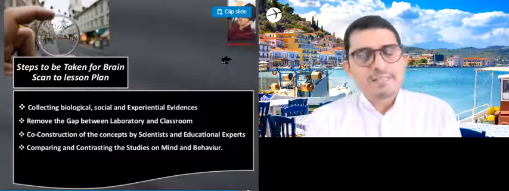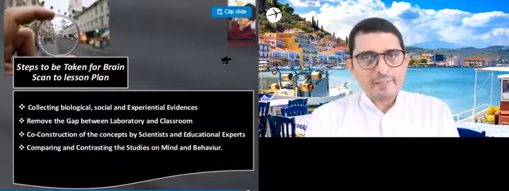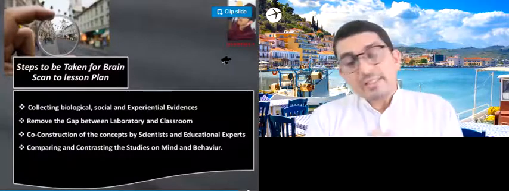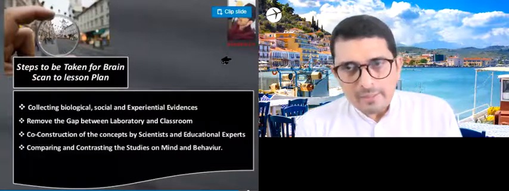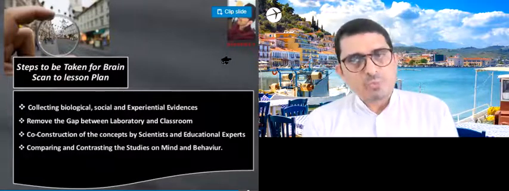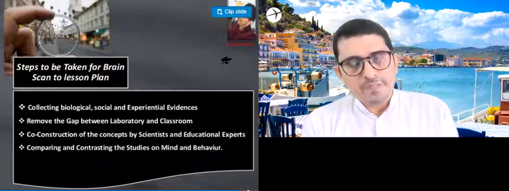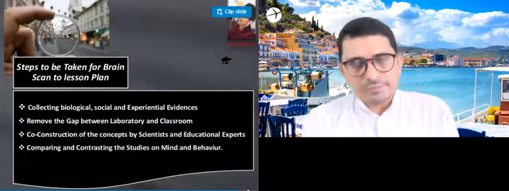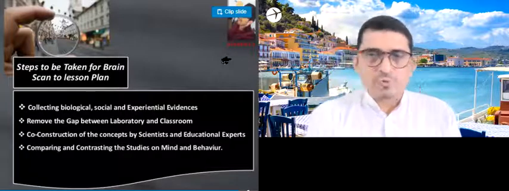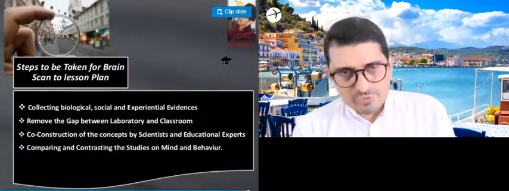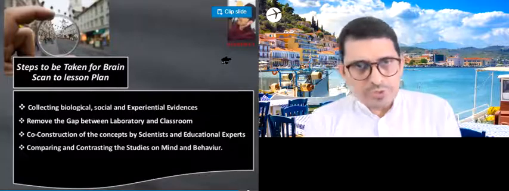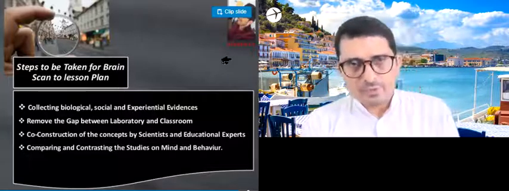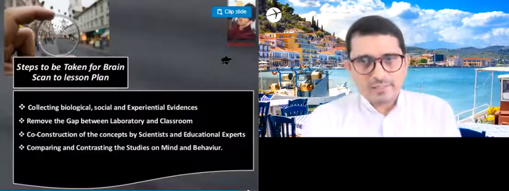You can compare them, and you can make a study whether you can make the brain of a poor student or a poor person into the brain of an expert by making use of medical science and such things. So these are the steps which you can take for brain scan to lesson plan.